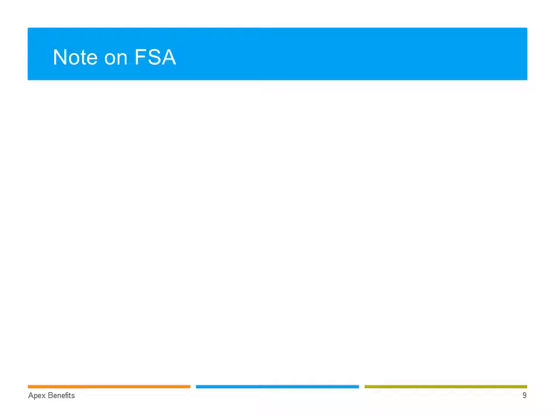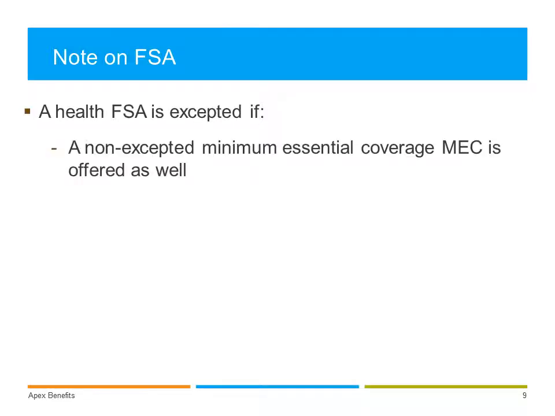Now, that note on FSA. A health FSA is an accepted benefit, therefore doesn't have to pay PCORI, if the employer also offers a non-excepted minimum essential coverage package to the employees.